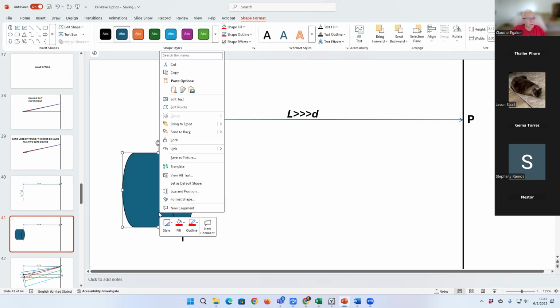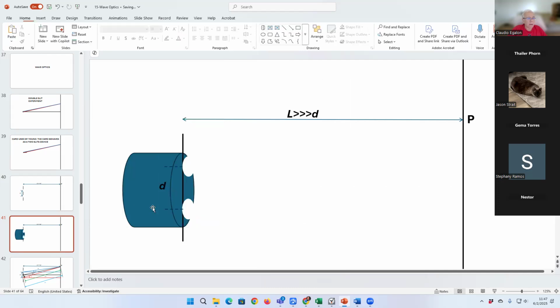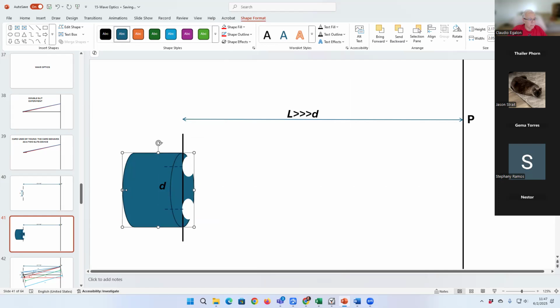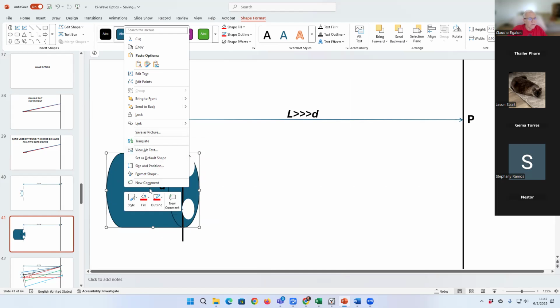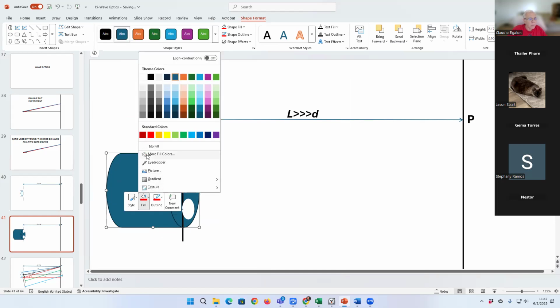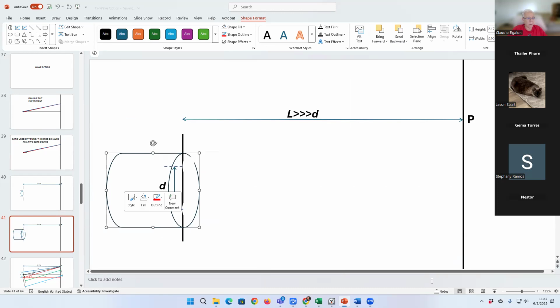Okay, and I'm going to send it to the back. So, light beam from the laser. Can you picture that? Let's set it to no fill.